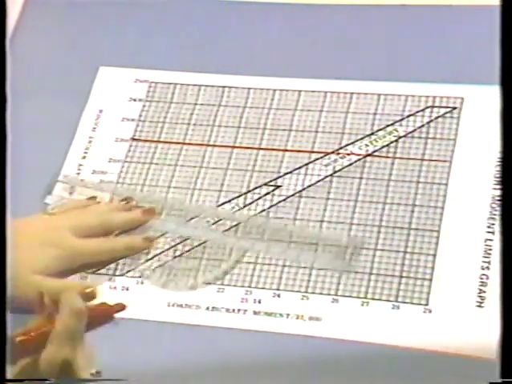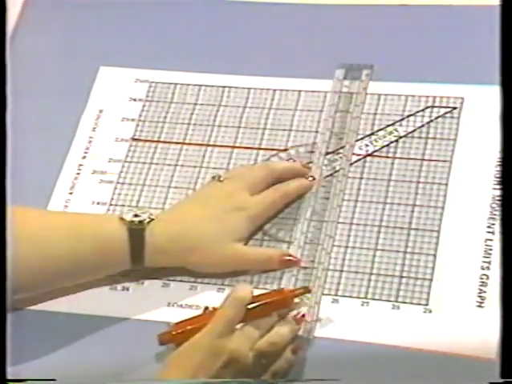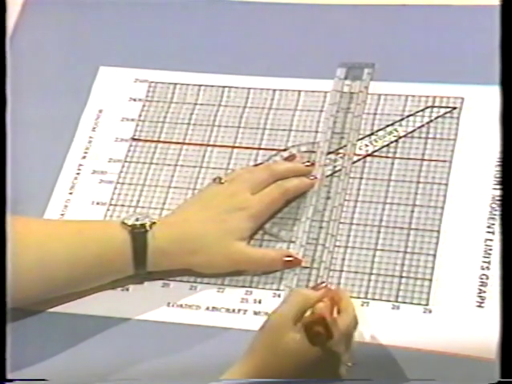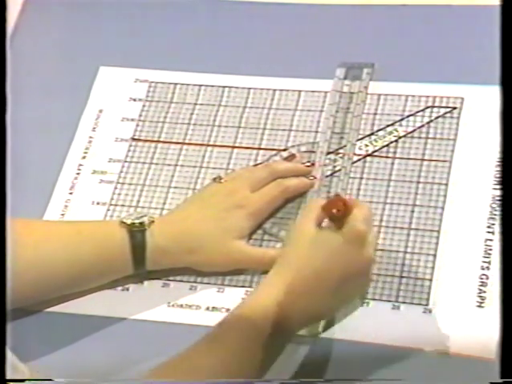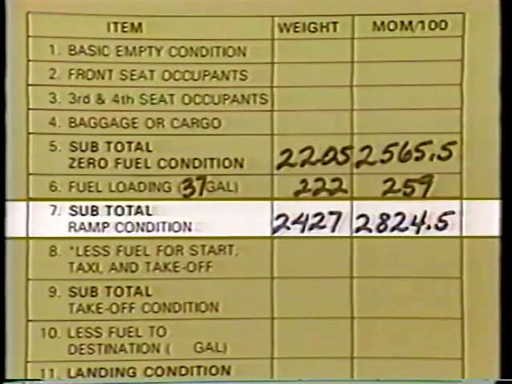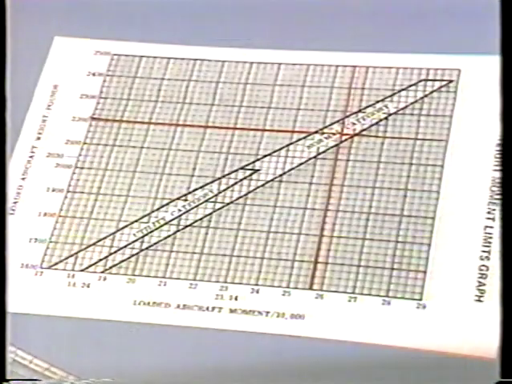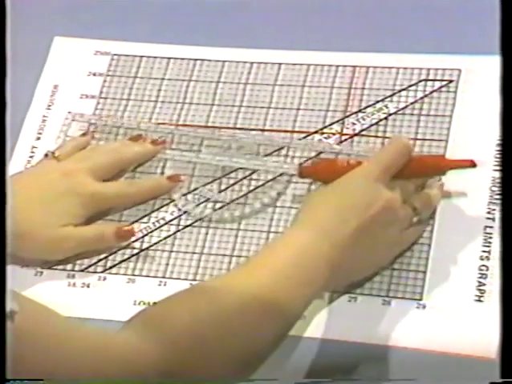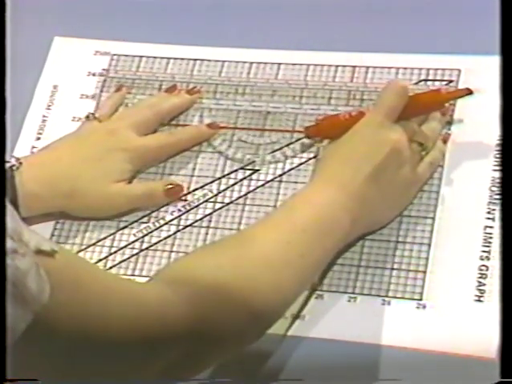Now, take your plotter and draw a line up from the moment number of 2,565.5 through the envelope. If the two lines intersect either on any of the envelope lines or anywhere inside the envelope, the weight and balance of the zero fuel condition is within the manufacturer's specified limits. Repeat the same procedure for the ramp condition. Find 2,427 pounds on the vertical axis.